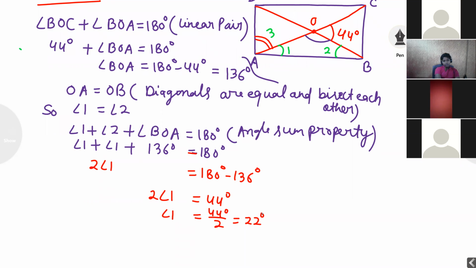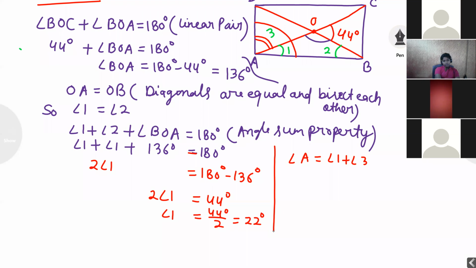Yes. But I want to find out angle 3. How to find angle 3? Already we know very well complete angle A is equal to angle 1 plus angle 3.